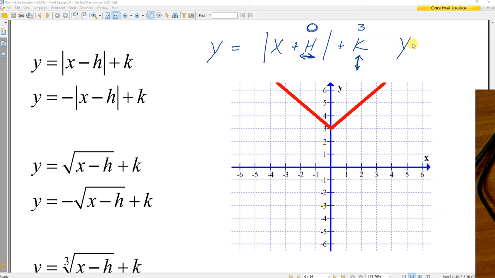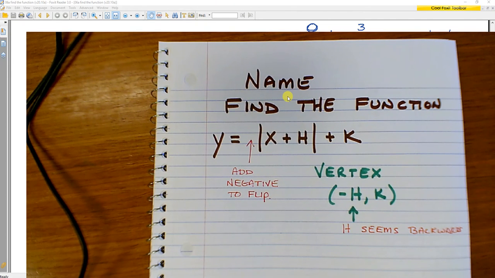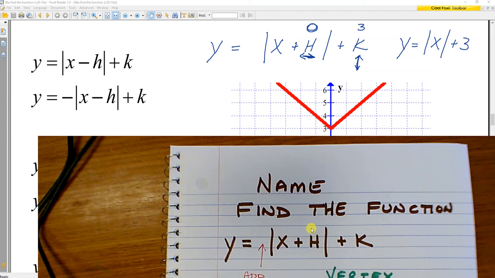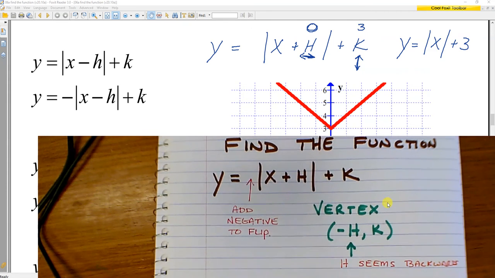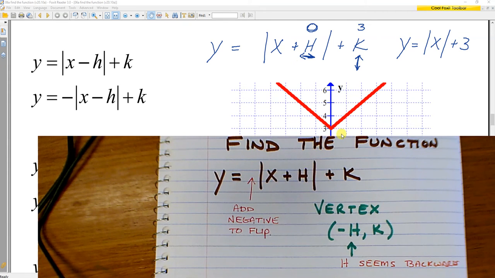I have y equals the absolute value of x plus 3. No left-right shift, an up 3 shift, and no flip. So when I look at this, the vertex is at 0, 3.